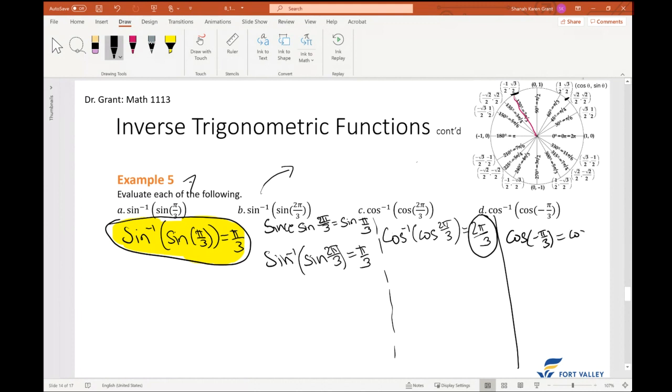That's going to be equal to the same thing as cosine of pi over 3 because it's an even function. And we know that pi over 3 is in fact between 0 and pi, so that means cosine inverse of cosine of negative pi over 3 is pi over 3.